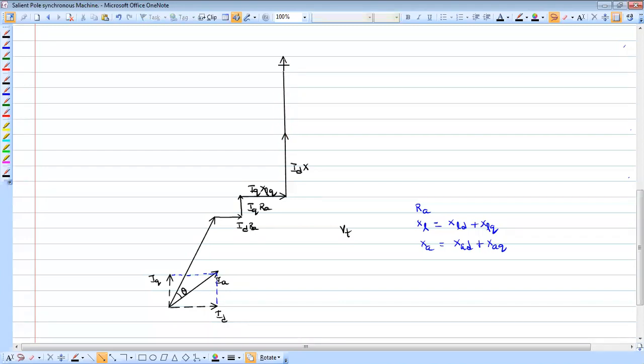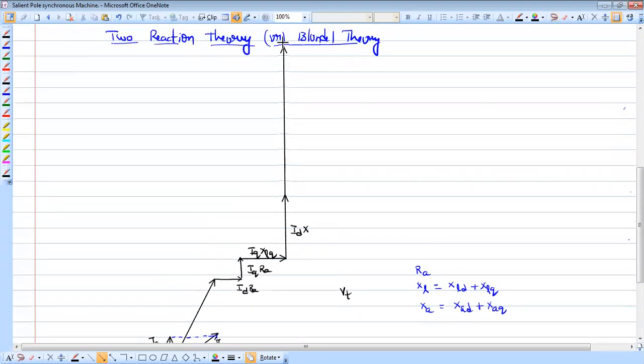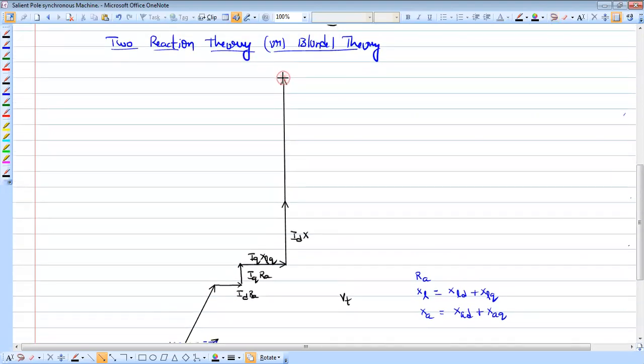We know that the armature reaction drop is almost 85% of the drop. The voltage drop is due to armature reaction only. Almost 85% will be there due to armature reaction. That's why I'm representing the armature reaction voltage drop with a lengthy phasor, somewhat lengthy compared to the remaining phasors. Okay.